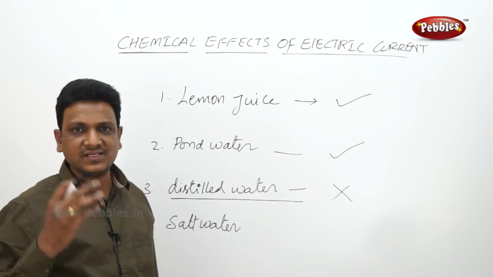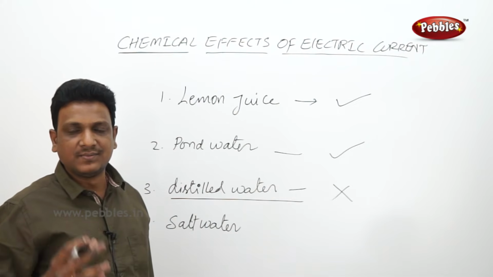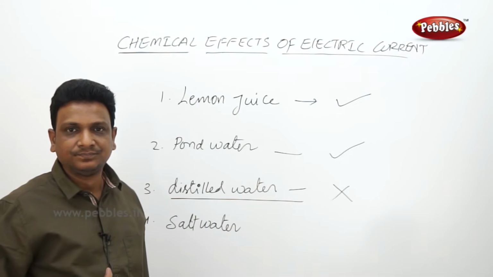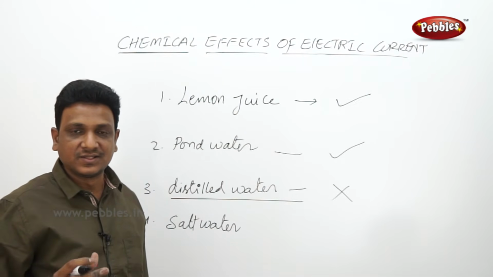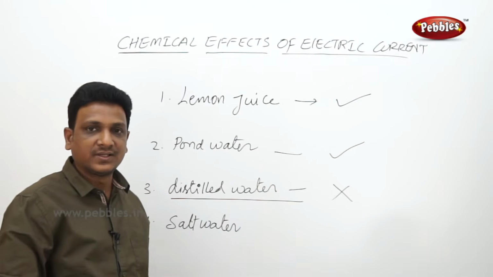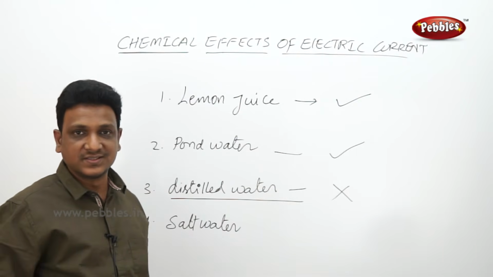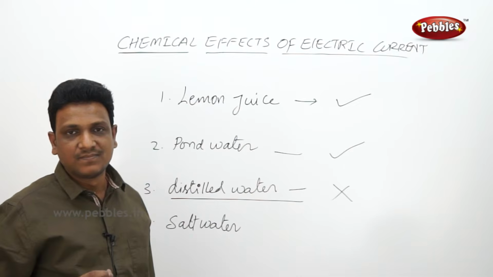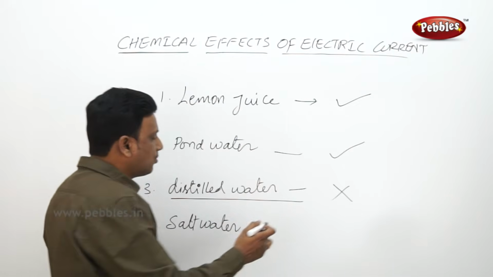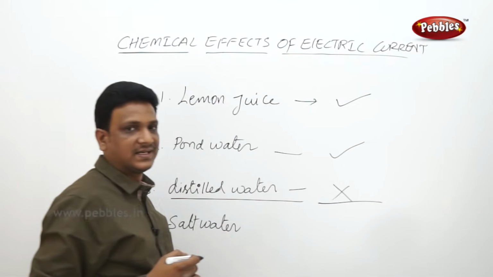Most of the materials will conduct. So better you classify them as a poor conductor or a good conductor, because some materials in certain circumstances will act as a poor conductor, sometimes a good conductor, depending upon the condition. So better we take it as a very poor conductor. Distilled water is a poor conductor of electricity.